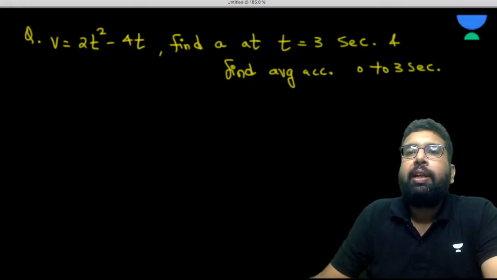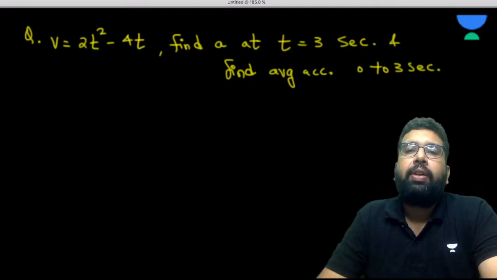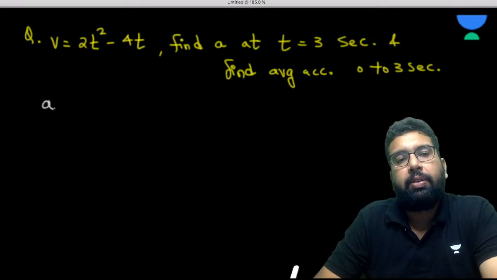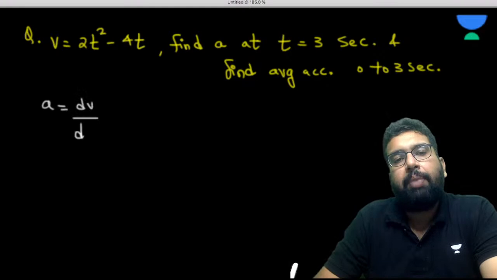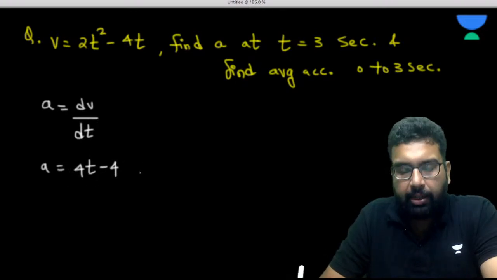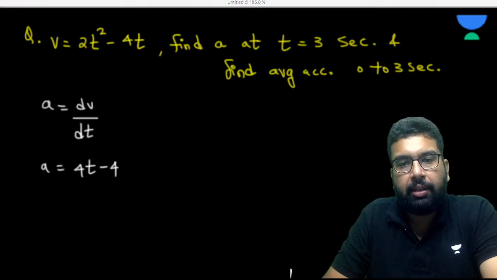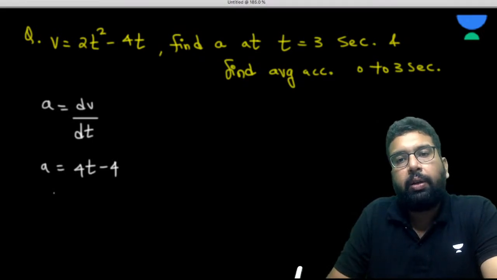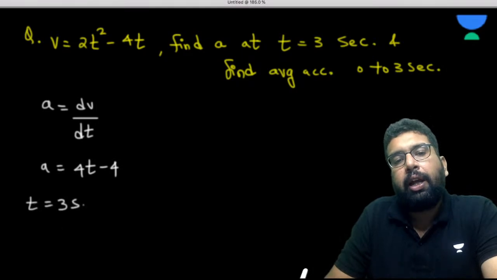Very simply, we can get the acceleration at 3 seconds because here they are asking us the instantaneous acceleration. Instantaneous acceleration is dv by dt, so that is 4t minus 4. When we put t is equal to 3 seconds in this, we get acceleration as 4 times 3, 12, minus 4, that is 8 meter per second square.